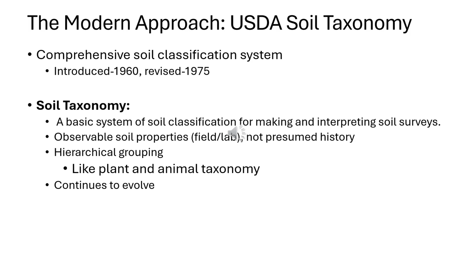Conceptually, it's similar, although there's no direct correlation between the levels of soil and biological taxonomy. The system is dynamic, though. It continues to evolve, with the most recent major addition being the 12th soil order, the Gelisols, in 1998. Just like plant taxonomy, everything keeps changing, but soils not as rapidly.